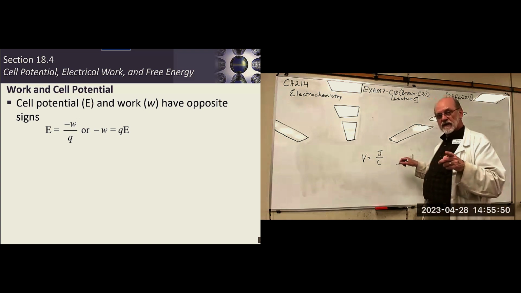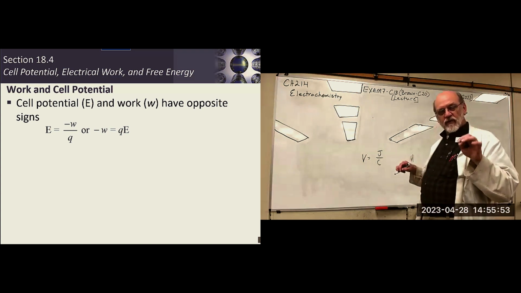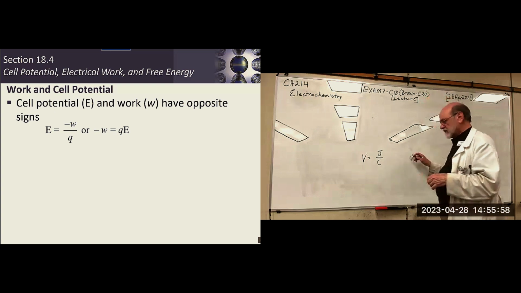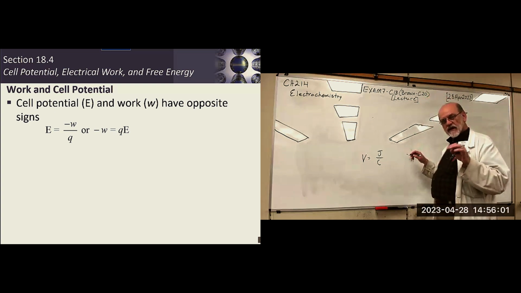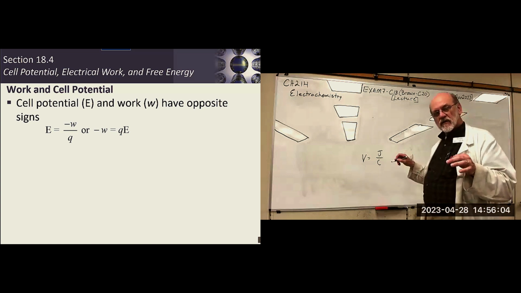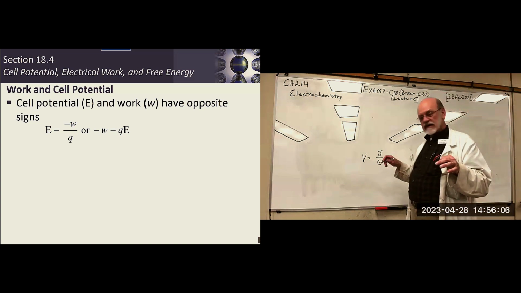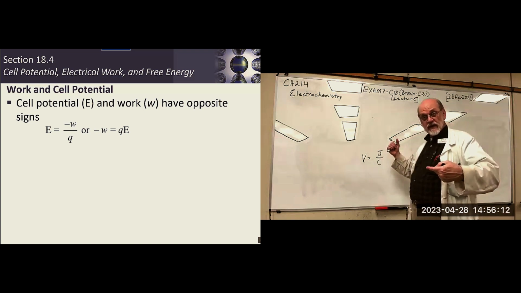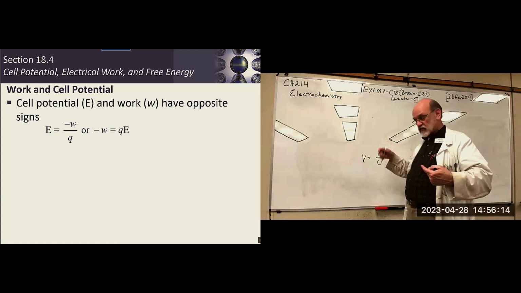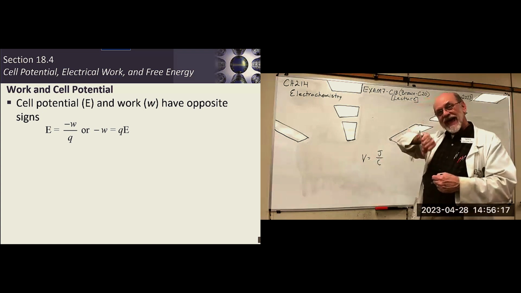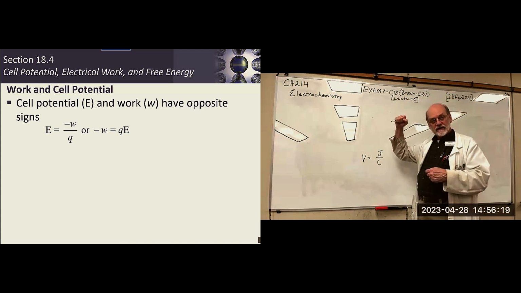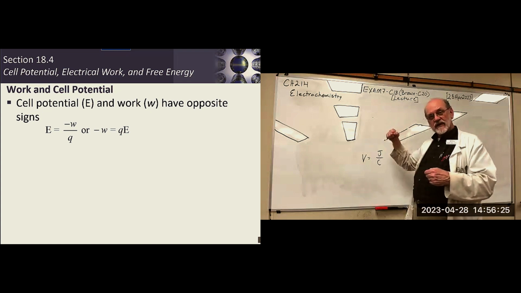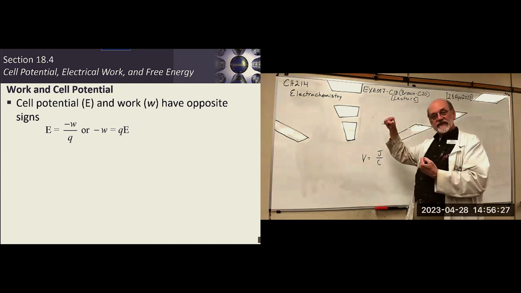The problem is when we write an expression for work, it's relative to the system, not the surroundings. And work would be negative if we're doing work on the surroundings, as we would be with a battery. We're transferring electrons and moving that out of the system and doing work outside. So those values would be positive. But relative to the system, the work would be negative because it's leaving the system.